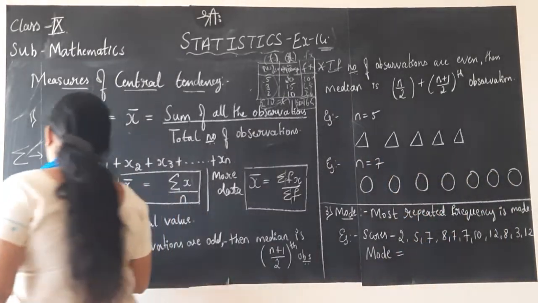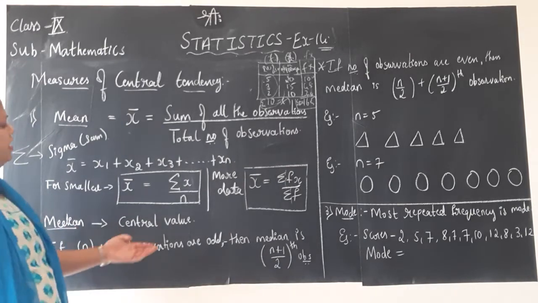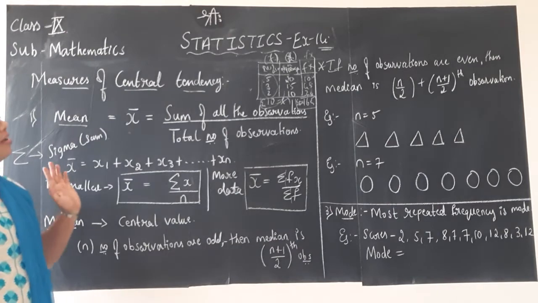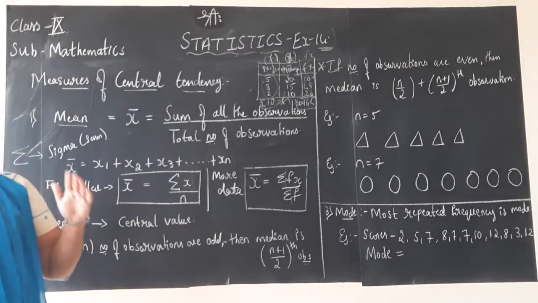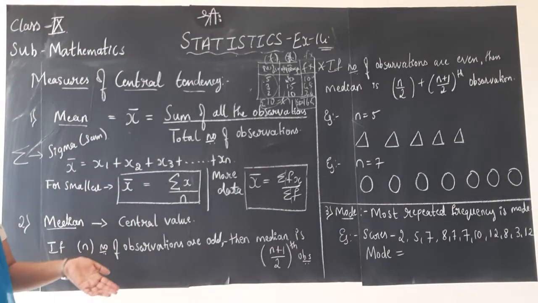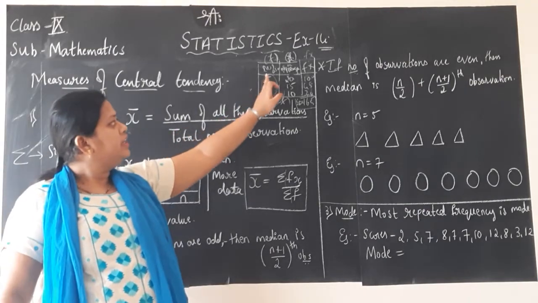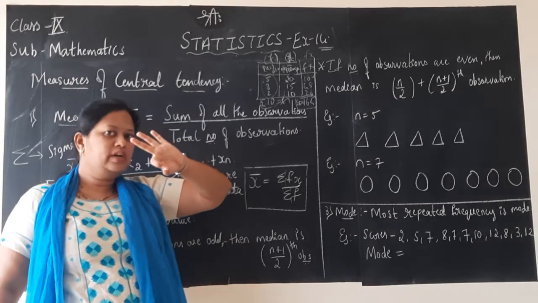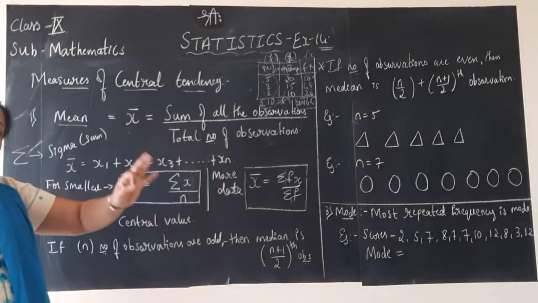Next is median. Median is simply defined as the central value. When the number of values is given, it may be odd or it may be even. Here we considered only 3 data in this example, 5, 3, 2. How many scores are there? Only 3. So 3 is an odd number.